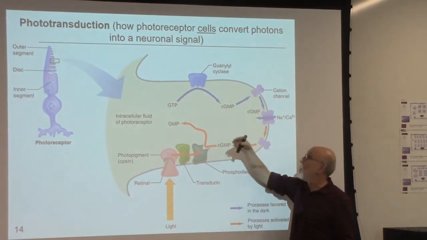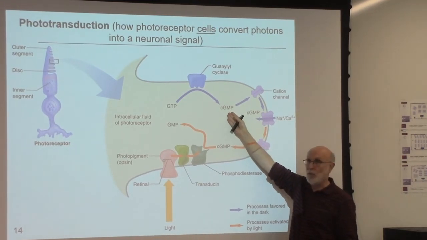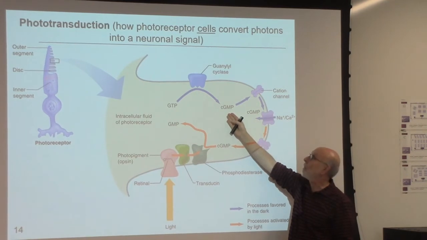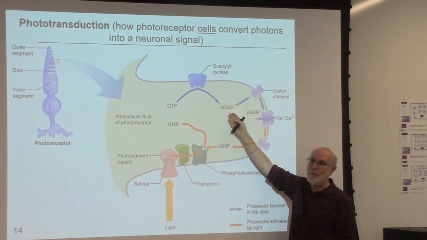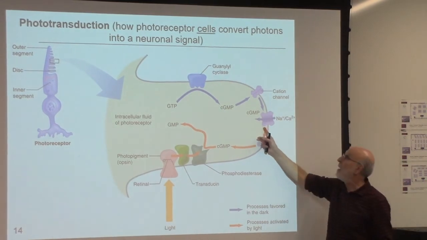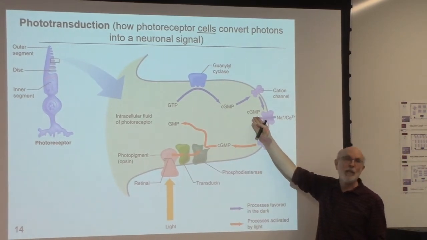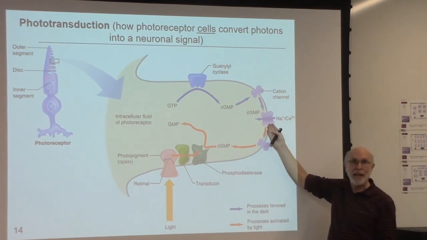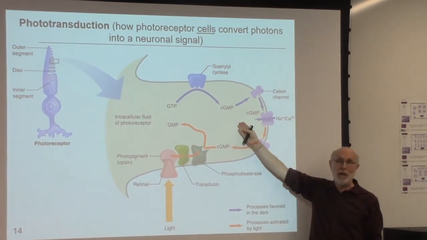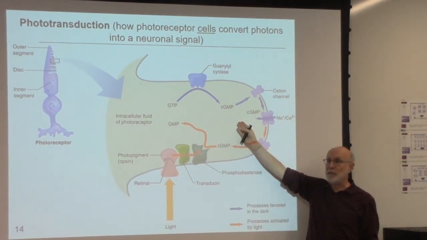Guanylyl cyclase is also highly expressed in these folds of membrane, in the outer segment of rods and cones. So in the dark, our rods and cones are working hard to make GTP, to make cyclic GMP. Cyclic GMP activates a cyclic nucleotide activated ion channel. So in the dark, we have a lot of sodium influx into photoreceptor cells.